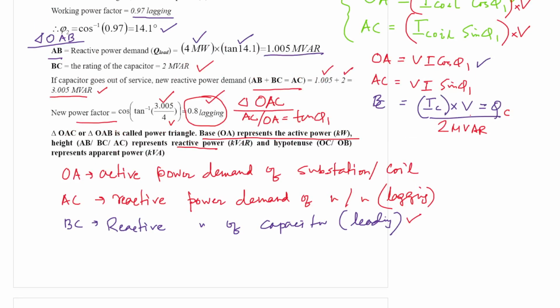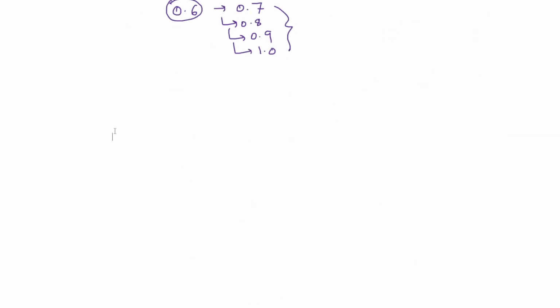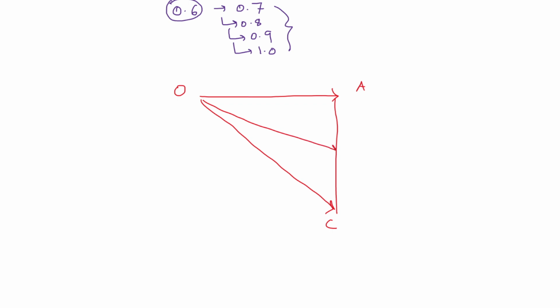So this diagram, this whole triangle: initially OA is the active power demand. Now we have OC and we have OB. There are 3 different points. So BC is nothing but the rating of the capacitor.